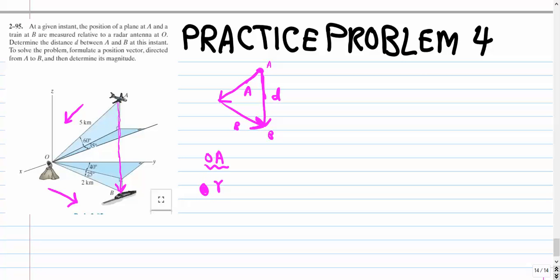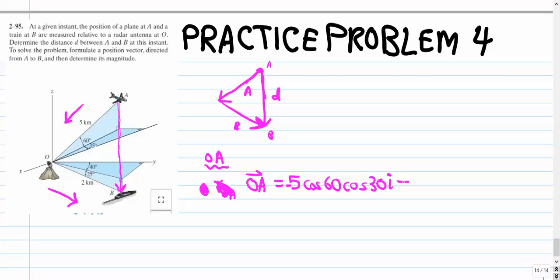Length vector OA would be equal to, the x component is going to be 5 multiplied by cos of 60 times cos of 35. 5 cos of 60 cos of 35. But notice that the OA vector is towards the negative x direction, so there is a negative sign before this component.